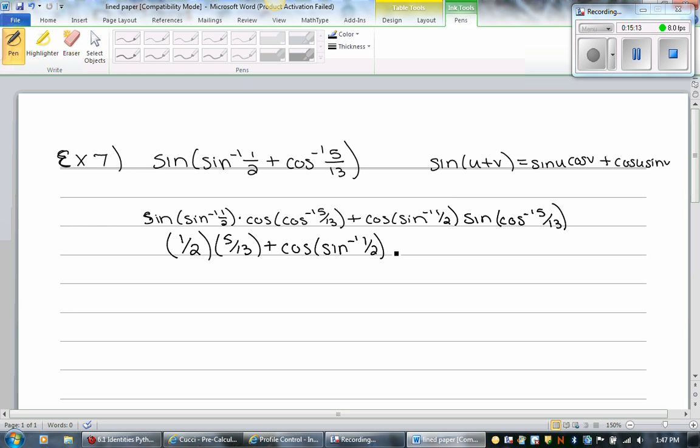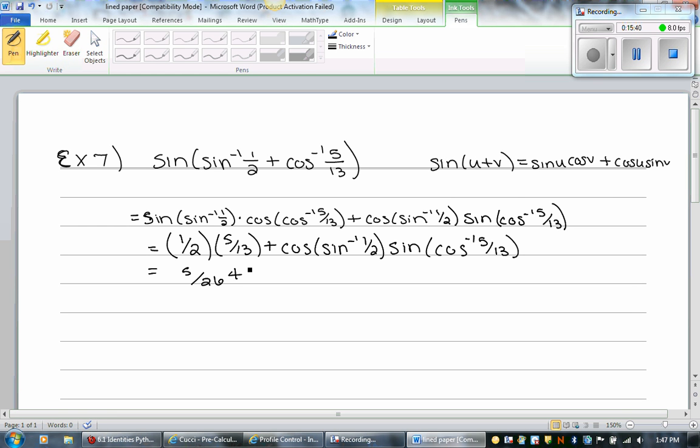We're going to do the same thing for the next one because we don't have our nice simple rule that we can use. So this becomes 5 over 26 plus cosine of sine inverse of a half.